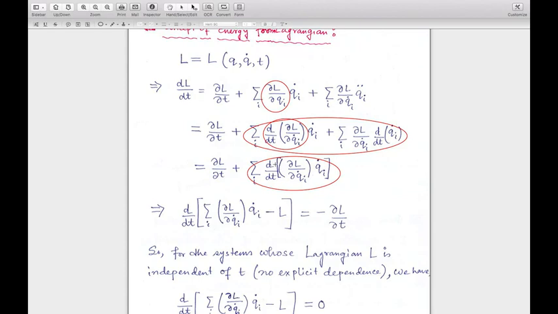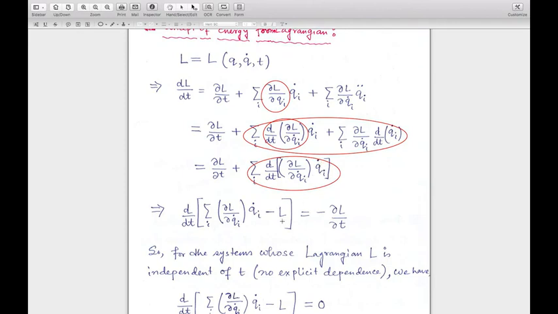So if I interchange this d/dt and the summation, and that's very easy to understand, that's trivial, then basically we can say ∂L/∂t is nothing but dL/dt minus d/dt of the summation over i of ∂L/∂q_i-dot times q_i-dot.